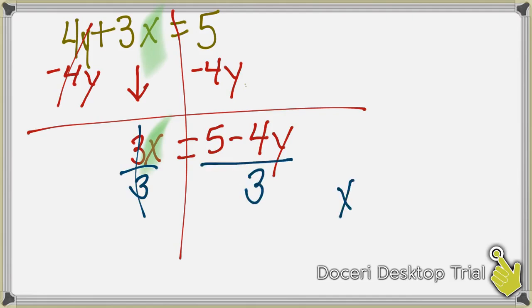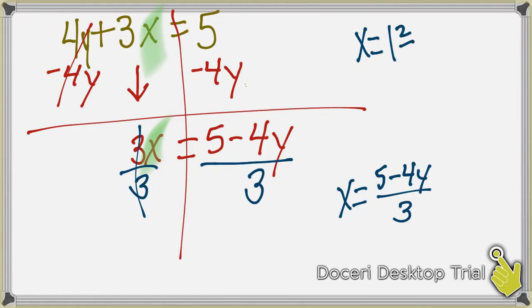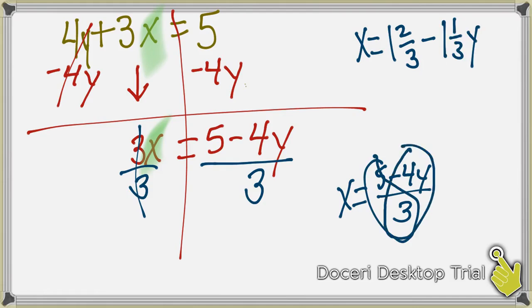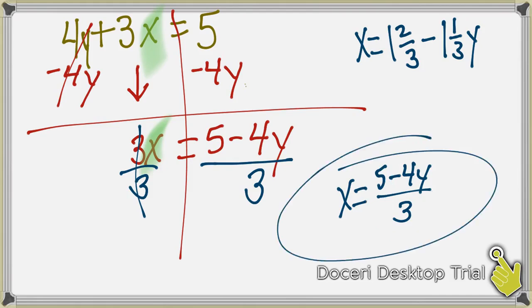So you're left with x equals 5 minus 4y over 3, or if you take it one step further, you could say 5 divided by 3, which is going to be 1 2/3, minus 4/3 y, which is 1 1/3 y. So that was me dividing the 5 by 3 and the negative 4y by 3. But again, for today, that's good enough.